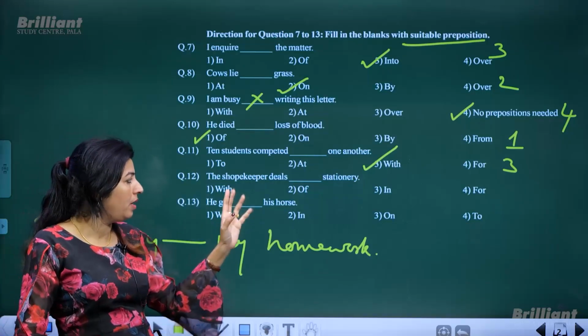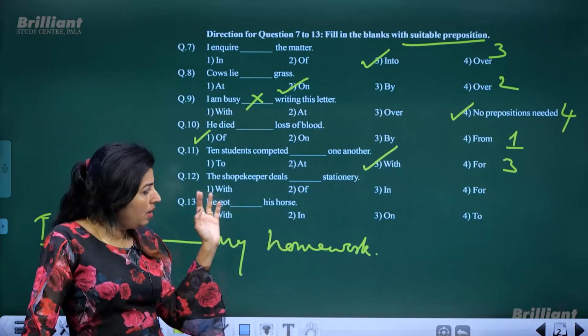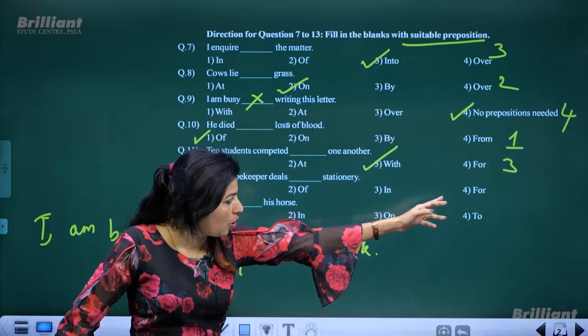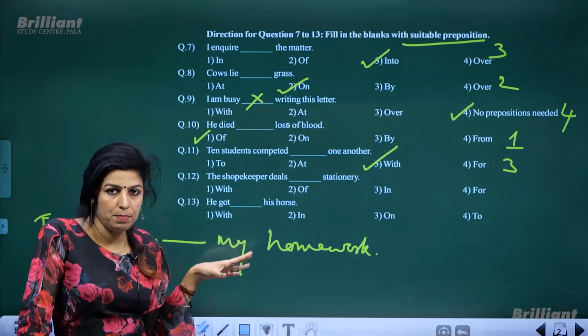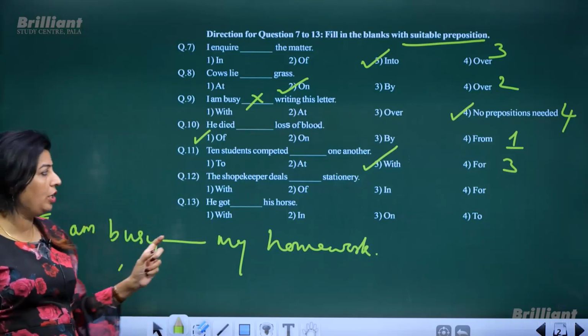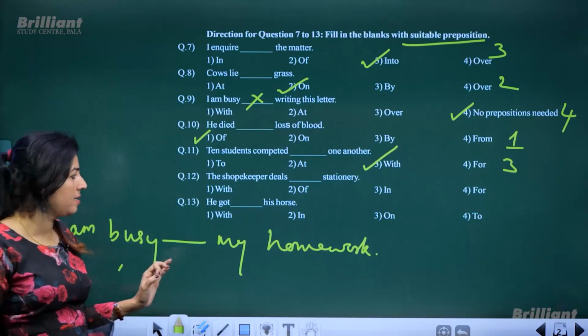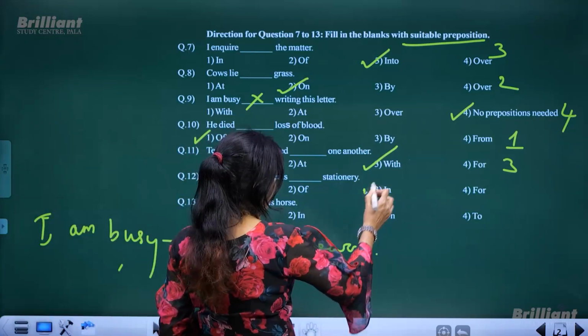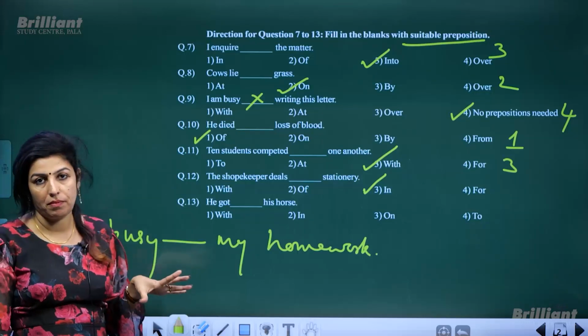The shopkeeper deals with stationery. Again, for all the options you have been given prepositions, which means you need to use a preposition, otherwise the sentence is incomplete. I guess the majority of you have chosen "with", but that is not the correct answer. "In" is the correct answer. The shopkeeper deals in stationery.